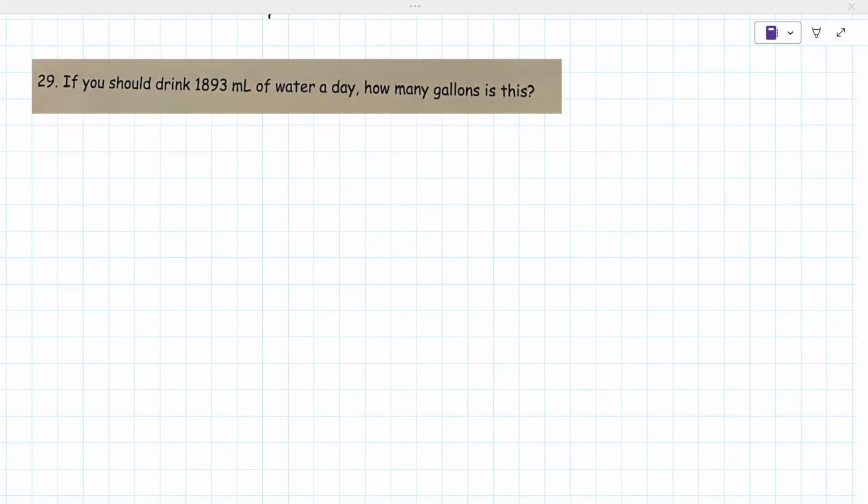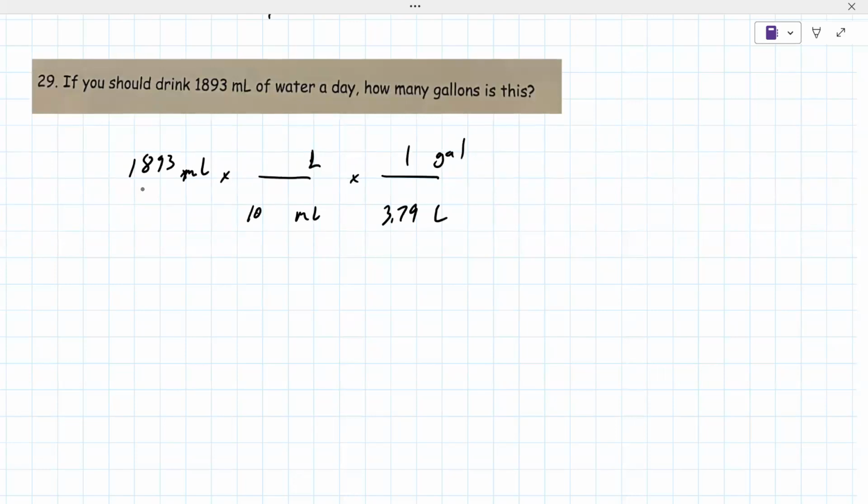We've done that a bunch today. So if we go milliliters to liters, then we can go liters to gallons. There's 3.79 liters in 1 gallon. There are 1,000 milliliters in 1 liter. And then everything cancels except for what you want at the end, the gallons.